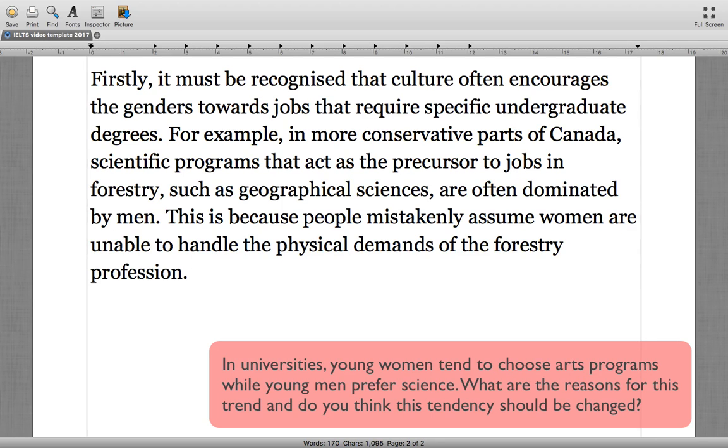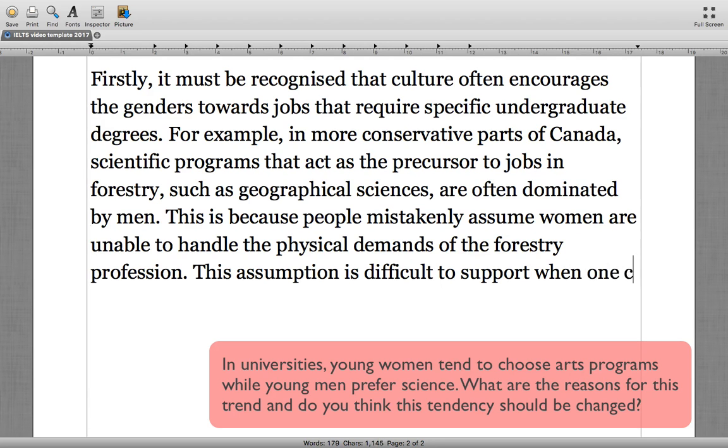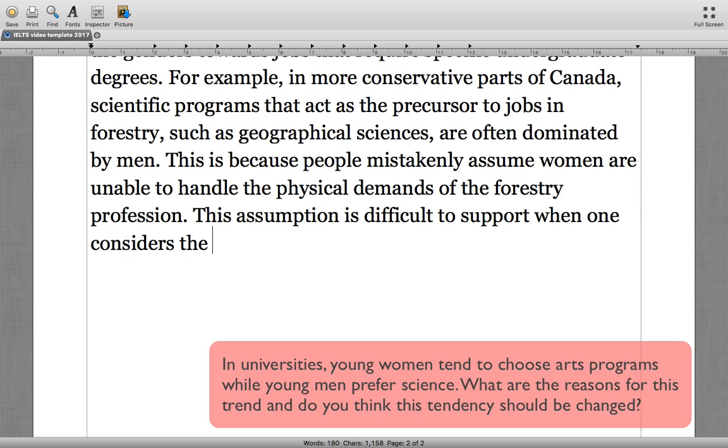So let's say something like, this assumption is difficult to support when one considers, I want to talk about, there are women that are in other strenuous jobs, and they don't have any issue carrying out the demands of those jobs.